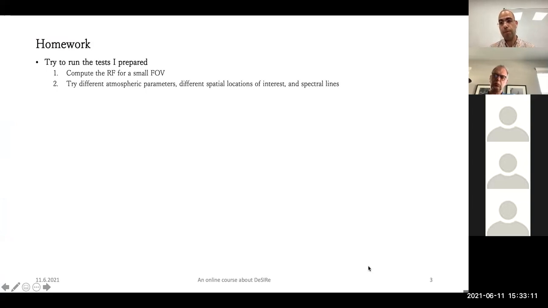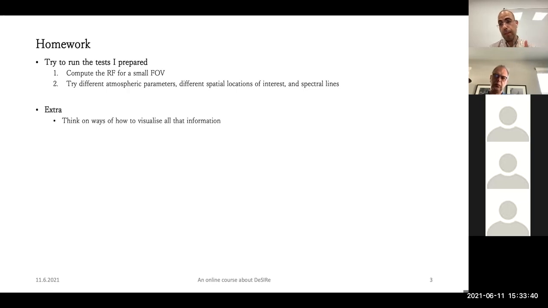I just showed you temperature, but in principle, you should try at least line of sight velocity, magnetic field strength, inclination, and azimuth, and then check how the response function looks in different regions. As I said, try different locations, and also try different spectral lines. So you can add infrared lines, or visible lines, or different lines of interest.